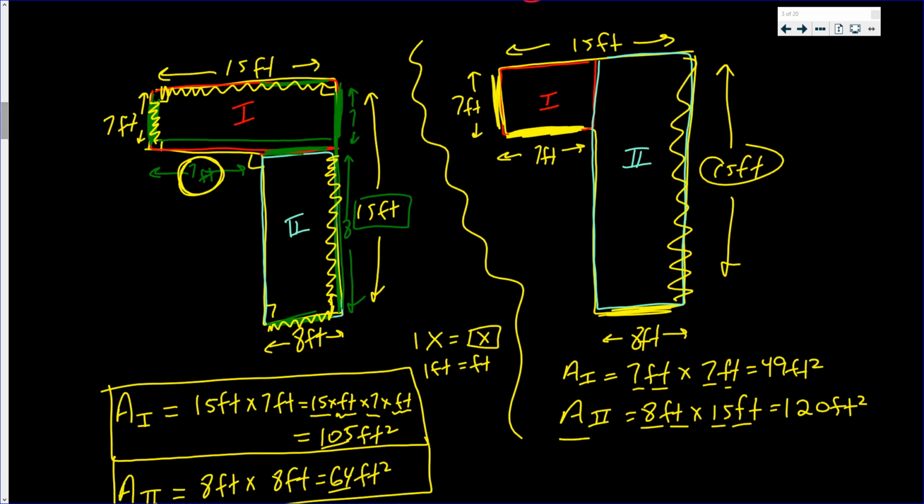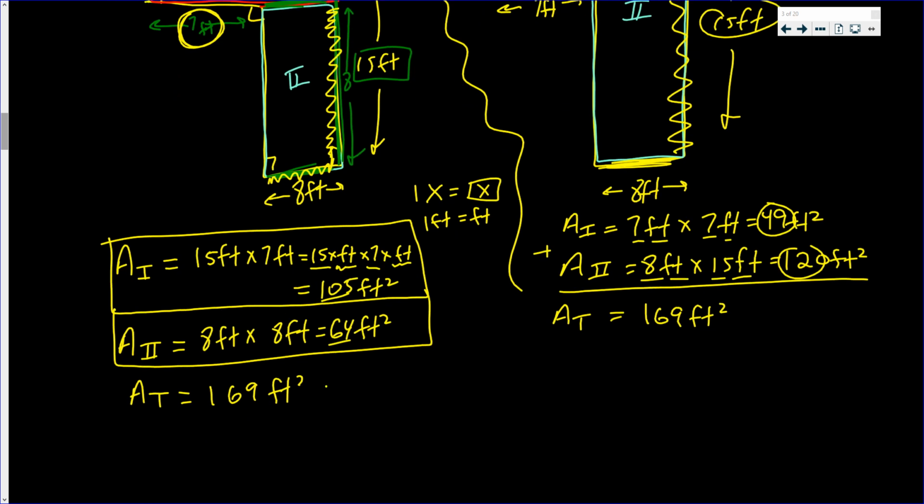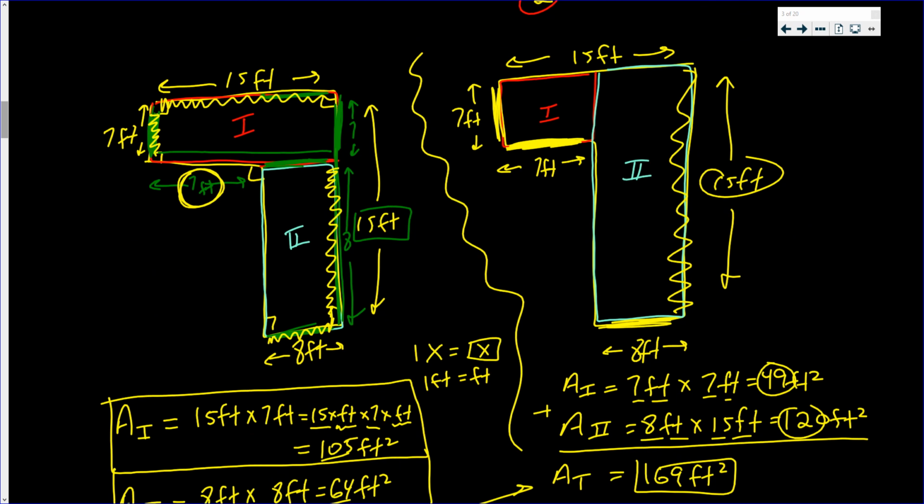Now, if I add these two, the total area is 169 square feet. And look at that, I had the same answer when I did it with different partitions. It's not going to matter how you partition things.